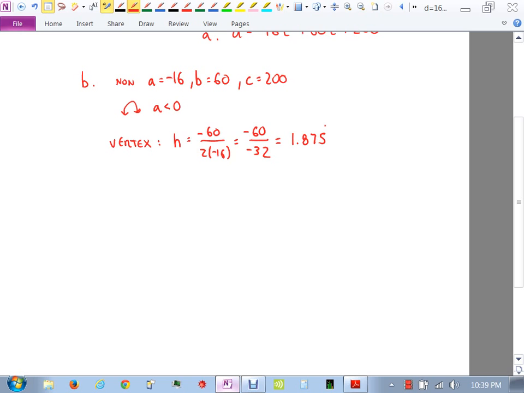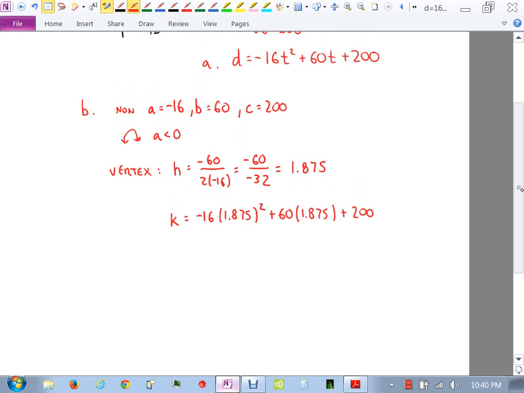Now to get k, I'm going to have to do negative 16 times 1.875 squared plus 60 times 1.875 plus 200. So I'm just plugging that 1.875 into my equation for t.